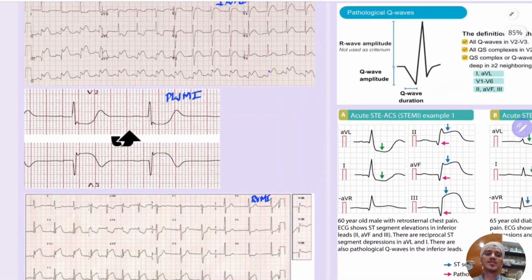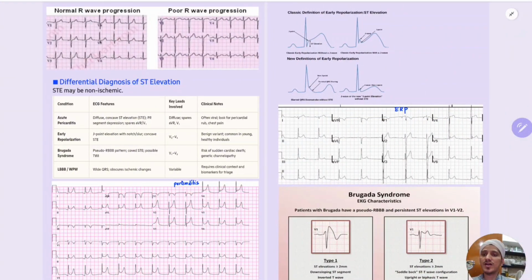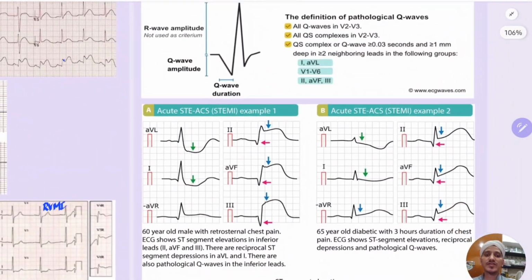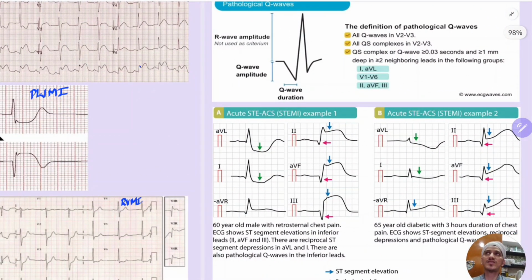Just to revise, when you should suspect right ventricular MI, there are three conditions: one is in elevations, one is in depressions, one is comparing elevation with depression. In elevations, the elevation in 3 should be more than 2. In depressions, the depression in 1 and AVL should be more than 2 mm. And comparing elevation and depression, the elevation in 3 should be more than the depression in 2.